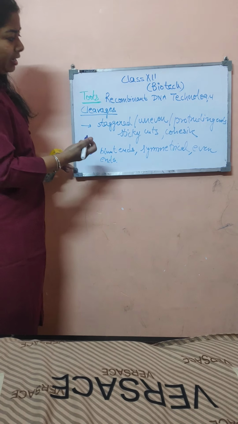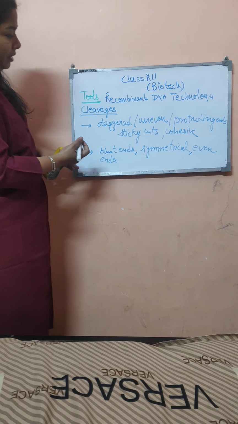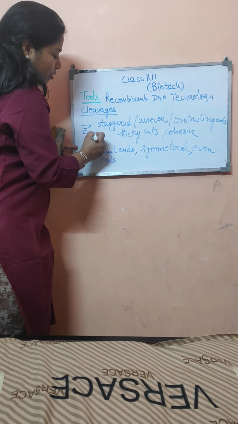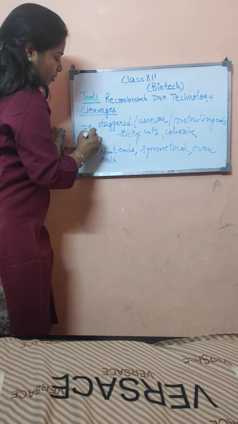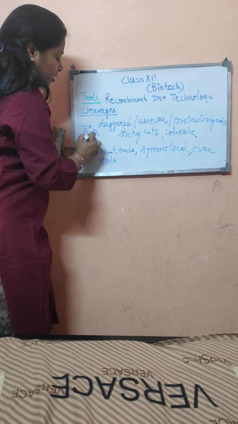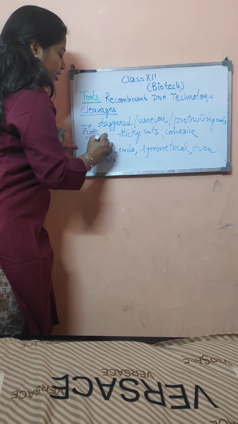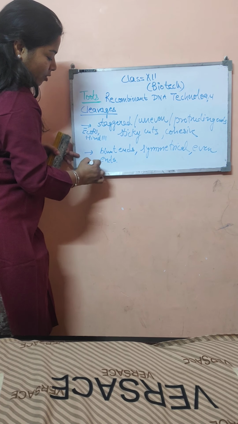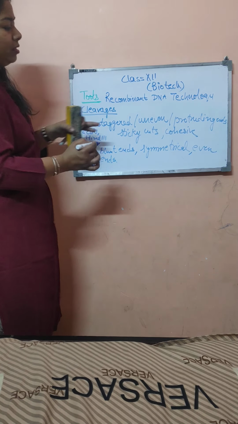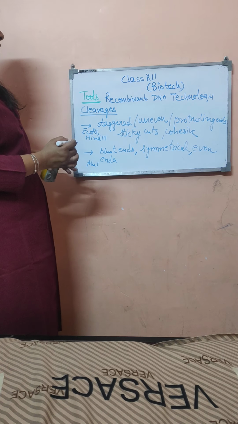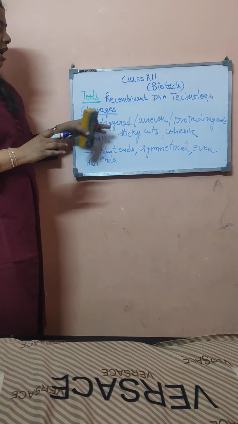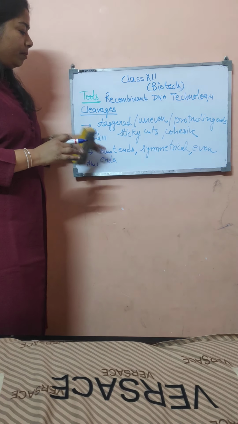With the cleavages which we have shown in the previous figure, EcoRI or HindIII gives these types of cuts, while AluI gives this type of cut. Now the question is the difference between staggered cuts and blunt ends.